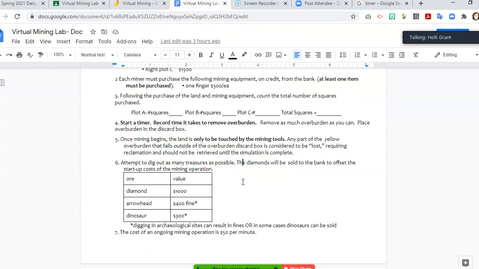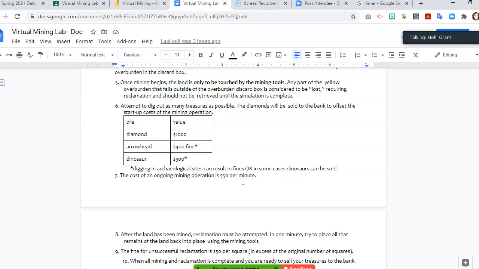All right. So here's the thing. The cost of an ongoing mining operation is $50 per minute. So next to number 7, here's the thing. If it's 4 minutes and 30 seconds, you have to round up.